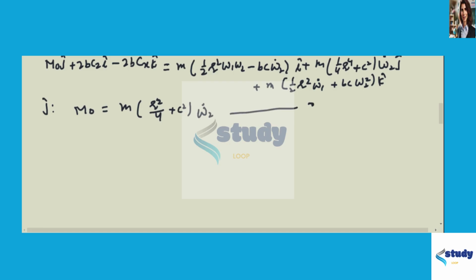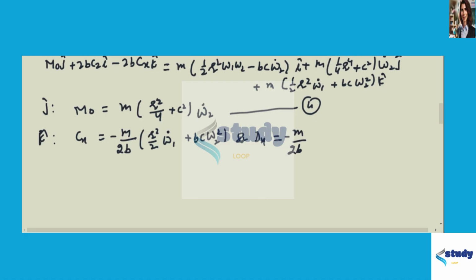This can be written as, along k cap, Cx is equal to minus m upon 2b, r square by 2 rate of change of omega 1 plus bc omega 2 square, and Dx is minus m upon 2b minus 1 upon r square rate of change of omega 1 plus bc omega 2 square. This is equation 5.